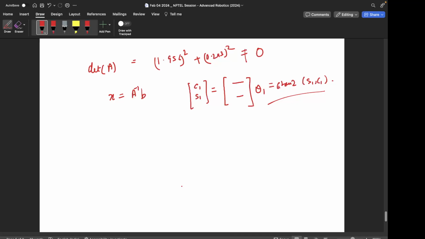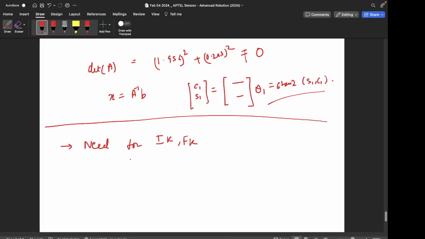All right, so let me just summarize what we have studied in this session. We first saw the need for knowing the kinematics, the inverse kinematics and the forward kinematics, and ways of doing kinematics, especially inverse kinematics, the analytical and numerical.